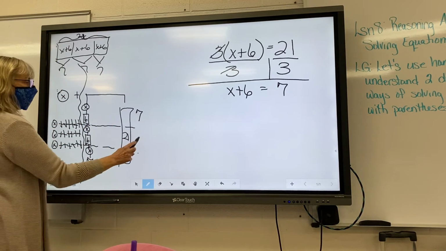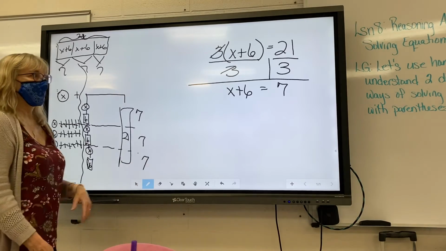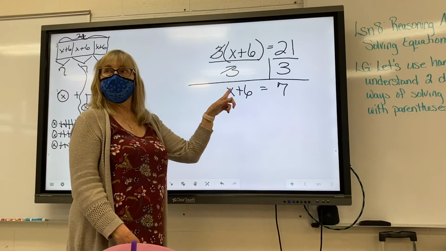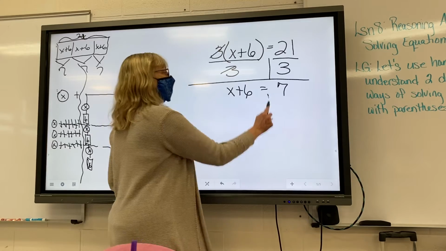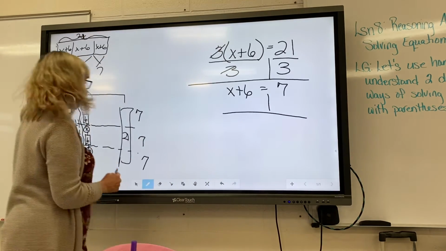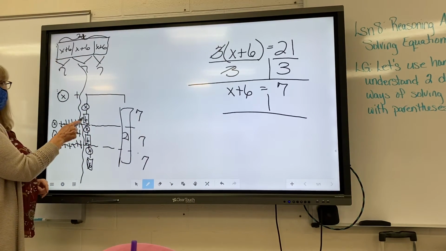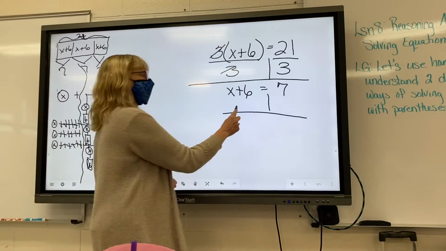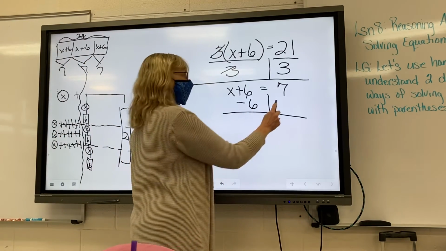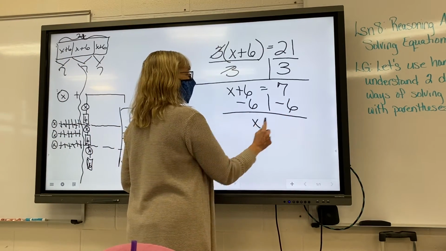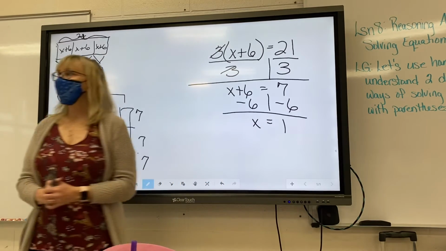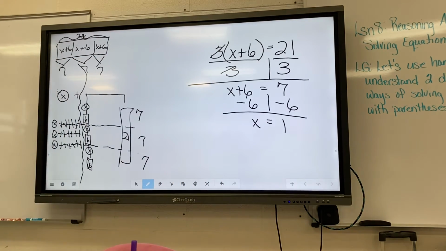Okay, tying it back to what we did before. All right, I want to get x by itself. What's hanging there with x? 6 is hanging there. How do I make 6 go away? Subtract 6 from both sides, so I get x equals 1. Okay, that's using division first. Copy that math down, or take a picture of it.